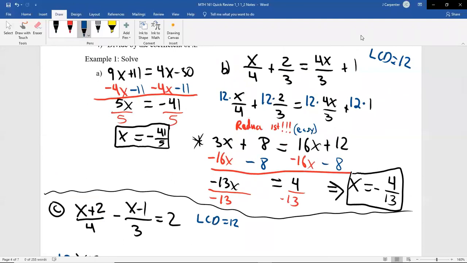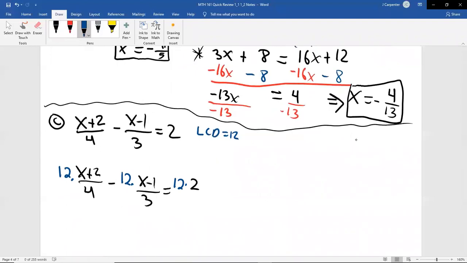It's easier here because it keeps the numbers more manageable, but it's more important in this example because the tops have got multiple terms. So the tops are a little more complicated. So if you were going to take this 12 and multiply it out, you'd have to give it to the x and the 2, and that might throw you off for when you got to reduce by the 4 here, or by the 3 over here.